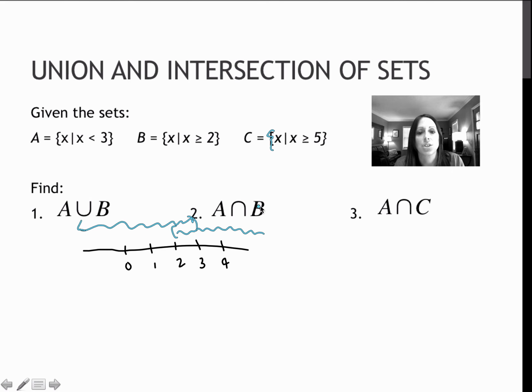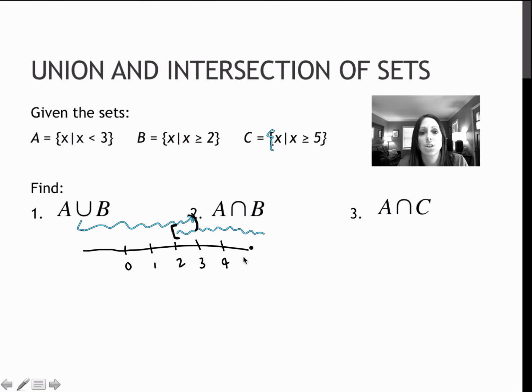So the intersection of sets, not the union, I'm going to go back to that in a second. The intersection of sets, which is 2, is all of the stuff here where both of them would be shaded. Okay, it's where it would be in both Venn diagrams if we drew the Venn diagrams. So that would be including the number 2, because this is a bracket, and then up to but not including 3.